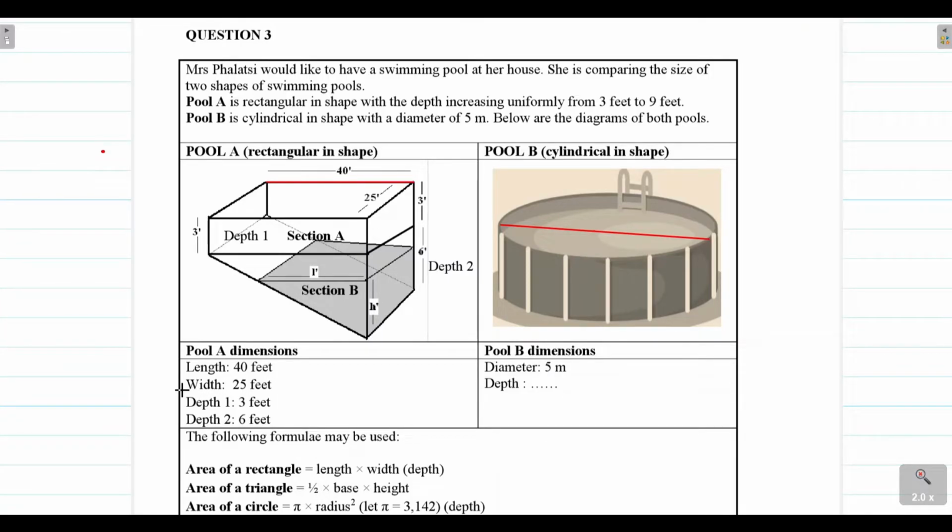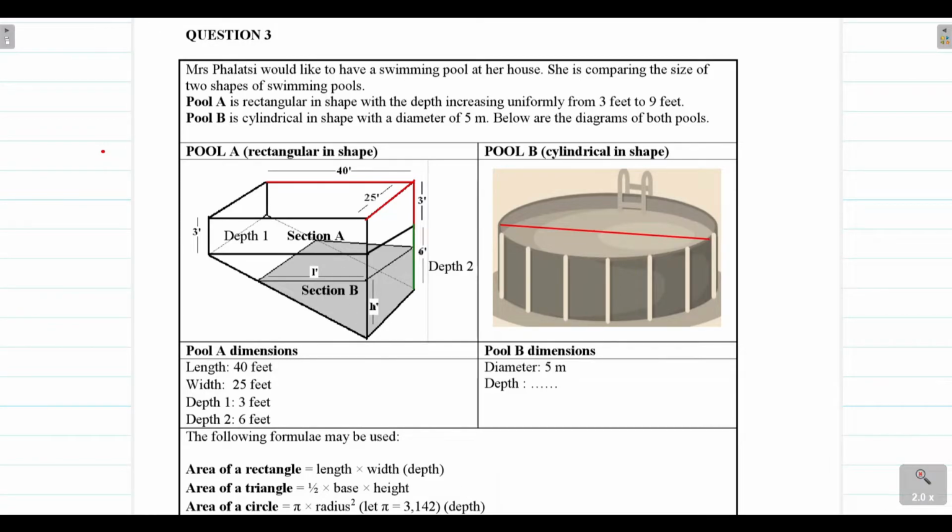We are given the width and we are told that the width is 25 feet. We are also given the first depth. For our rectangular prism, the depth is 3 feet, and then the depth for our triangular prism is 6 feet. So the depth from there to there is 6 feet.